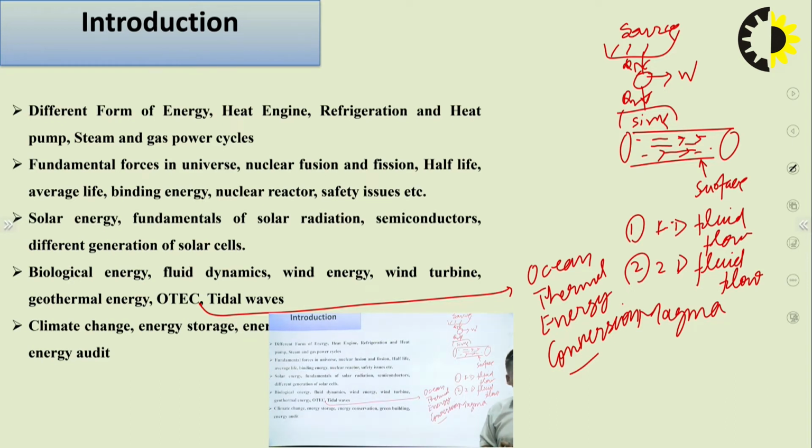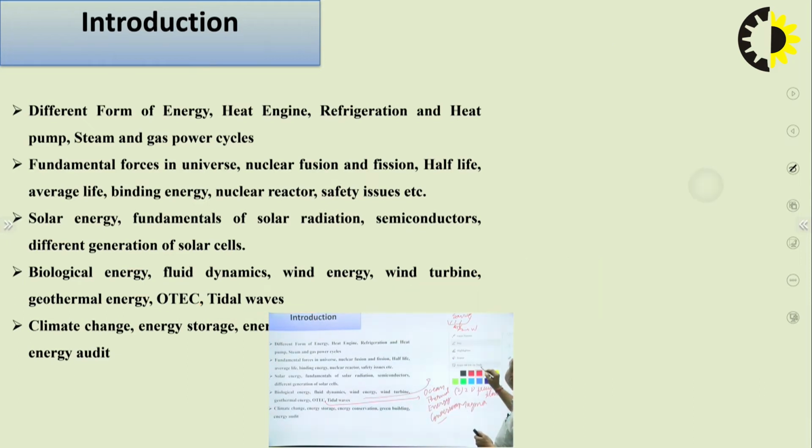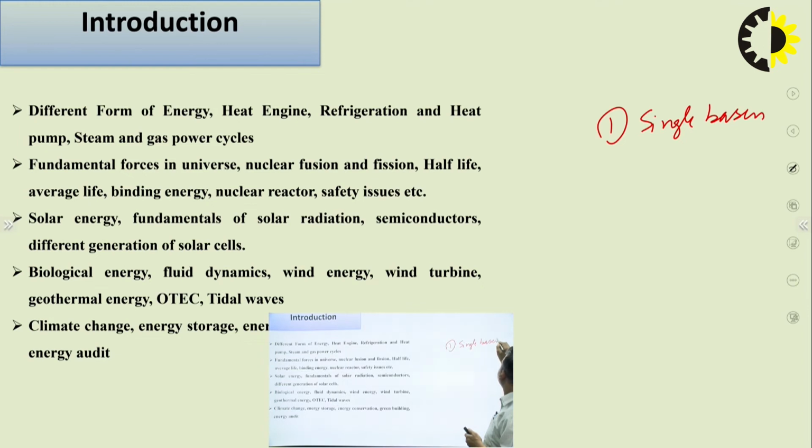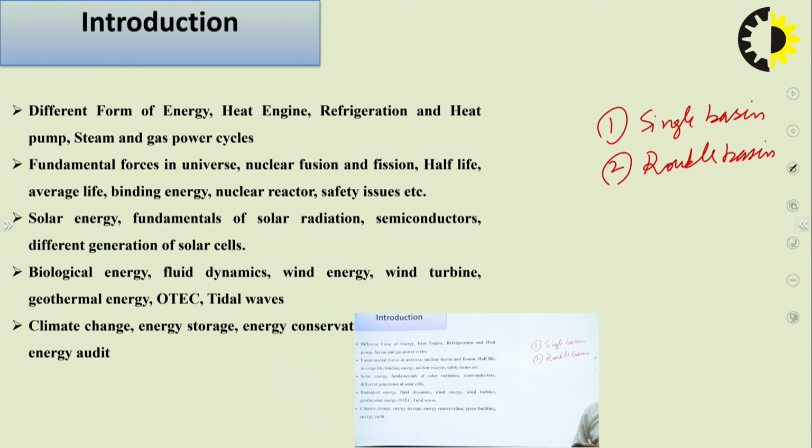Then there are different types of tidal wave systems, like single basin and double basin. So these are the different types of systems which use the tidal waves, and therefore energy is converted from one form to another.